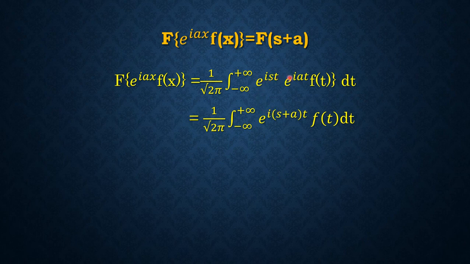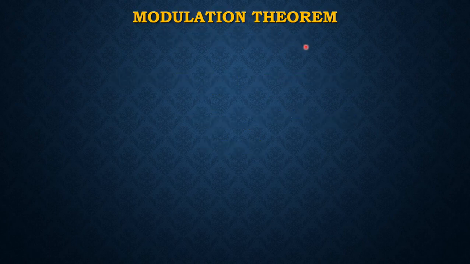Now e to the power ist and e to the power iat can be written as e to the power i(s plus a)t f(t) dt. This is equal to F(s plus a). Thus we see that the Fourier transform of e to the power iax f(x) is equal to F(s plus a).